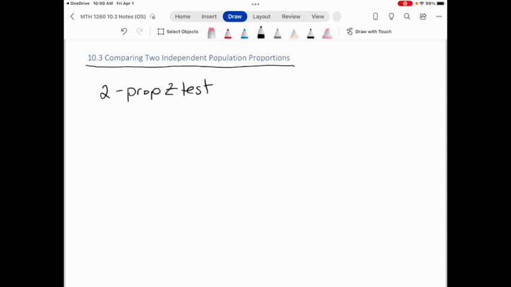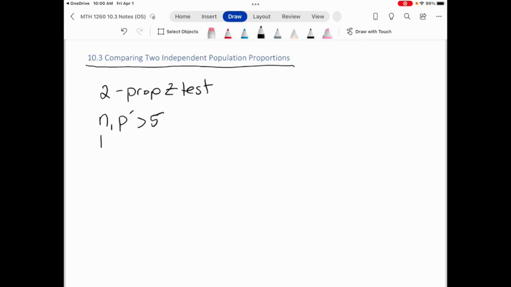Now, in order to justify using the two prop z-test, we have to check that the sample size is big enough. So we're going to take the sample size from the first population times the p prime from the first population, multiply that together and make sure that that's greater than 5.